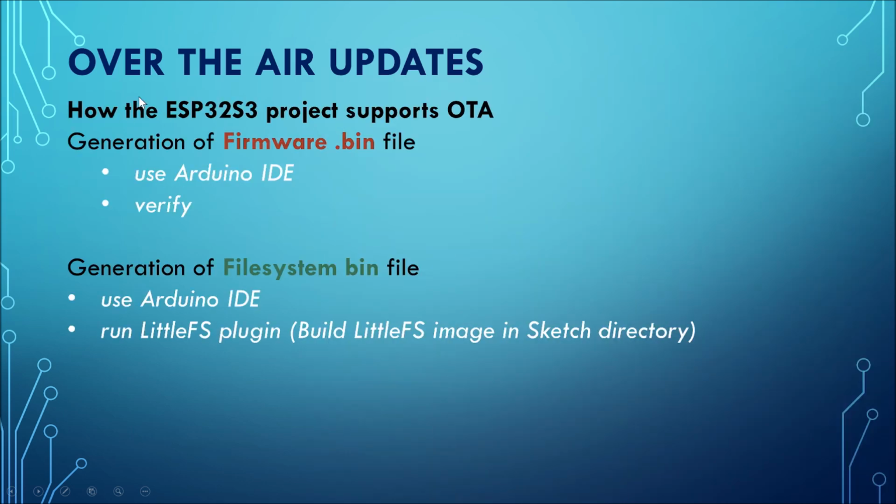As I've just said on the previous slide, you generate the firmware.bin file by using the Arduino IDE, and then click verify, and that generates the firmware bin file. And to generate the Filesystem.bin file, you use the LittleFS plugin, but instead of uploading to the ESP32-S3, you choose the option called Build LittleFS Image and Sketch Directory. And I'll actually go through all of this and show you.